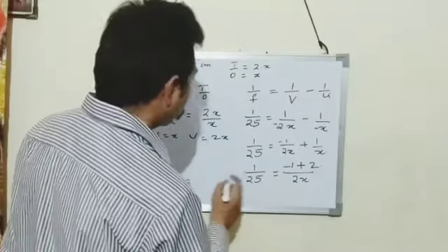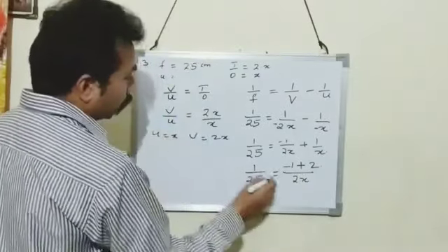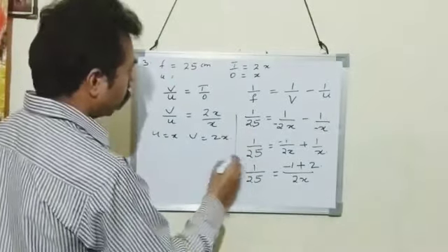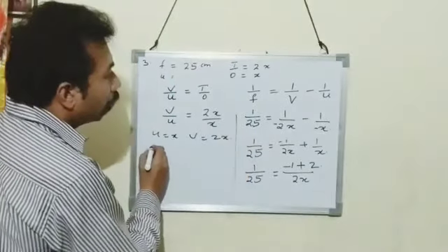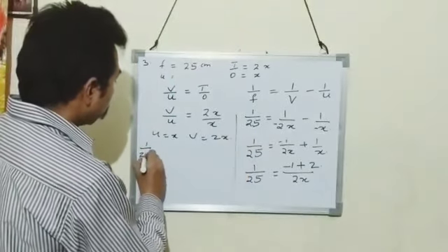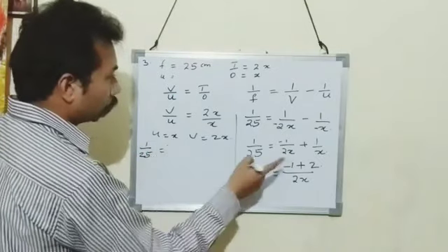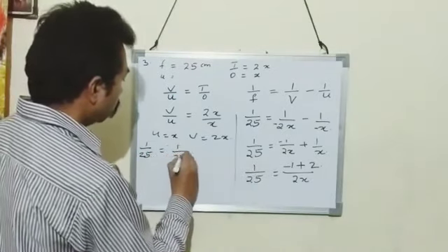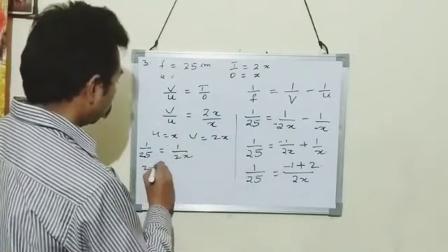So we get 1 by 25 is equal to minus 1 plus 2 is 1 by 2x.